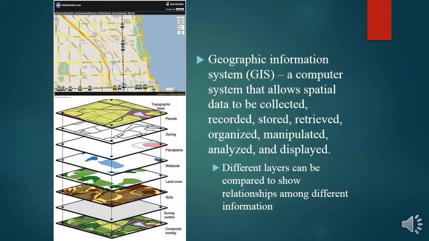Whether that's a topographic map that helps show elevation for a certain area, a map that shows land parcels and who owns what, or zoning maps that help you to see what parts of a town are designated for what kinds of business or something, where certain wetlands might be located, or soil types, etc. Right? You could see the value in maybe being able to collect some of those layers of information and aggregate them or collide them into a single map.